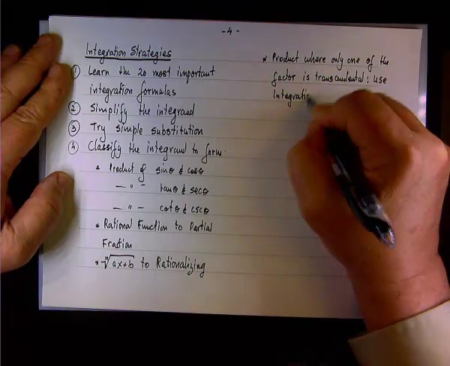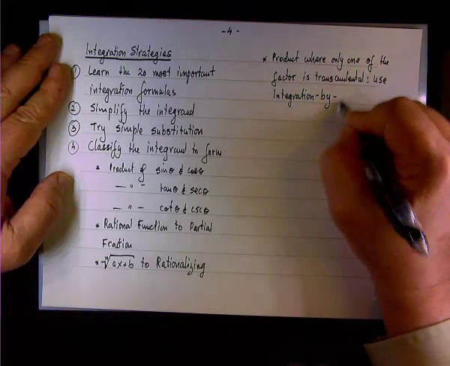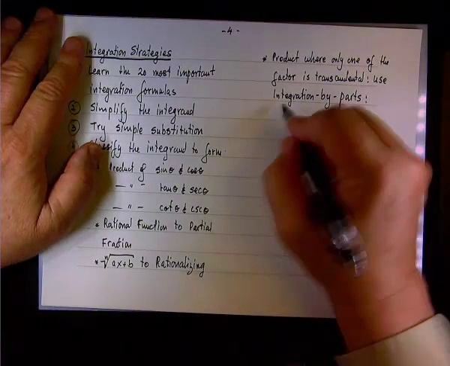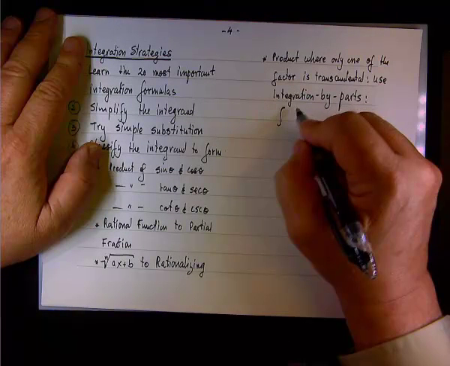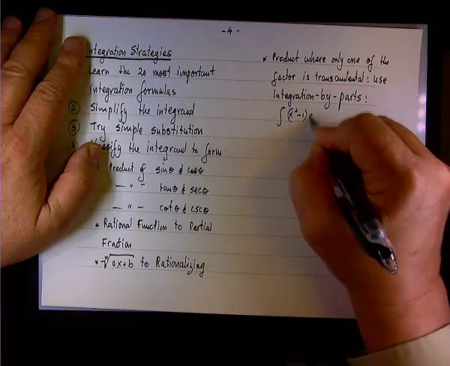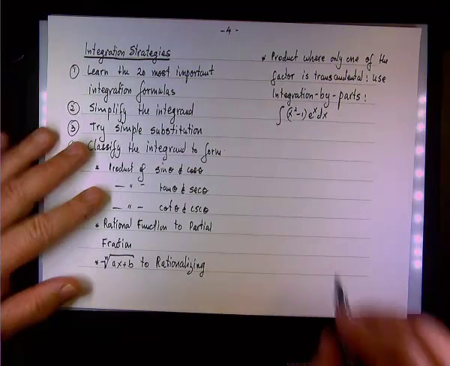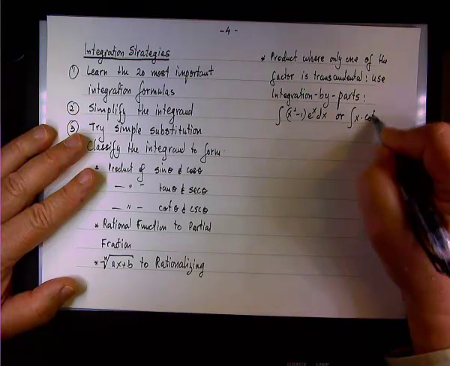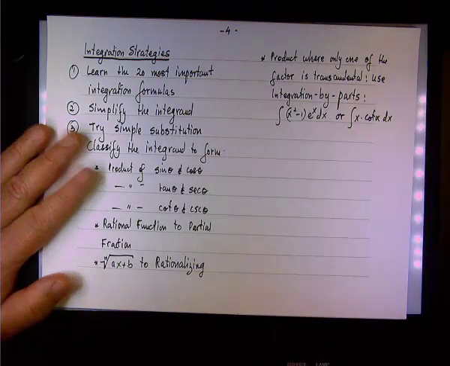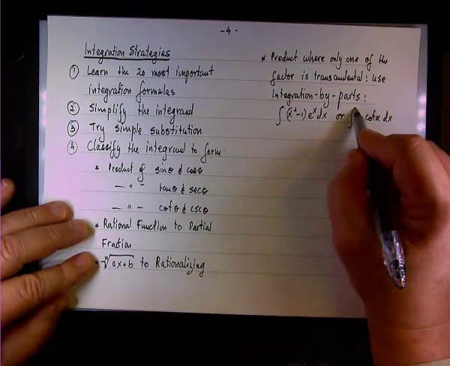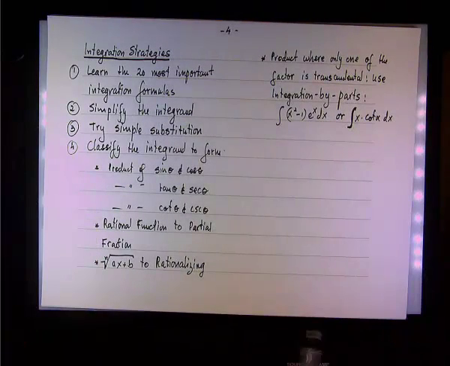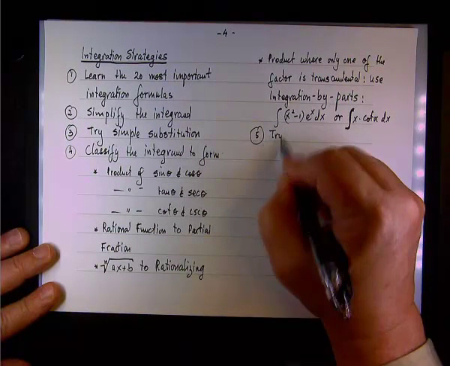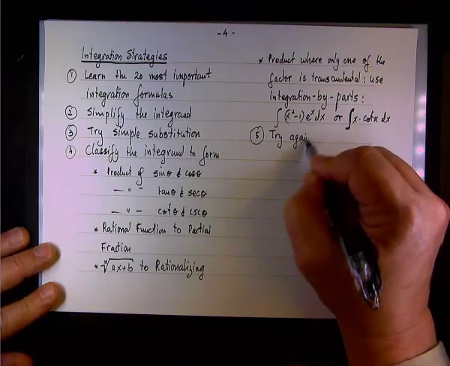Okay, so use integration by parts. Just to give you a couple of examples: the integral of x squared minus 1 times e to the x. Well, e to the x is transcendental. Or the integral of x times cotangent x dx. Cotangent, a trigonometric function, is transcendental. So use integration by parts in this case.